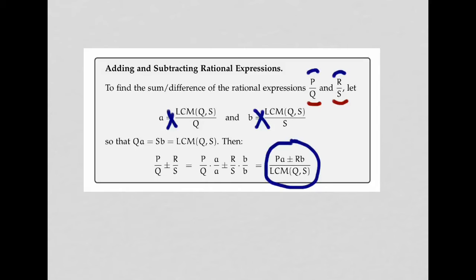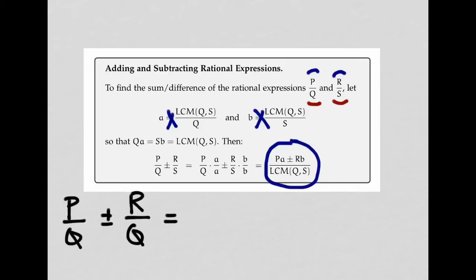On one occasion, there is a shortcut to this rule. In other words, you can get to the answer a little bit faster. You can only apply this shortcut when the rational expressions have the same denominator. So let's say you have p over q plus or minus r over q.